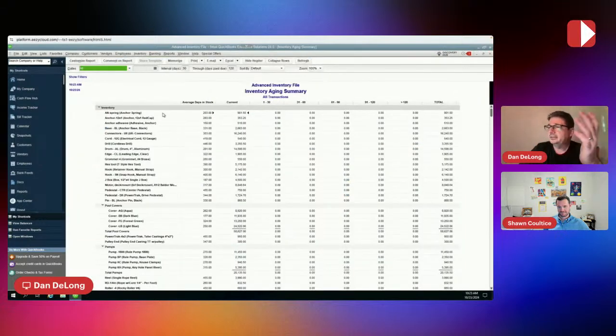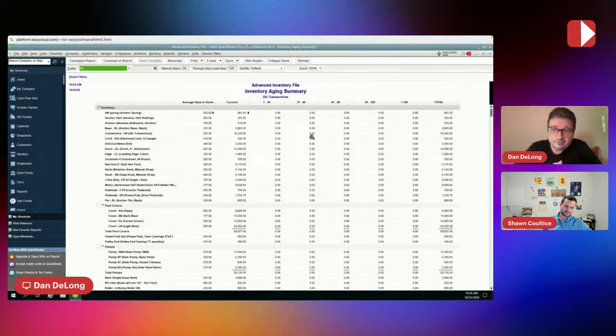This will list every inventory item, the average days in stock that it has, and a valuation, just like an AR aging where it's got a date range of 1 to 30, 31 to 60, and so on and so forth. You can see the value of your inventory and how long it's been sitting on the shelf, so that you can start to make decisions based off of that.